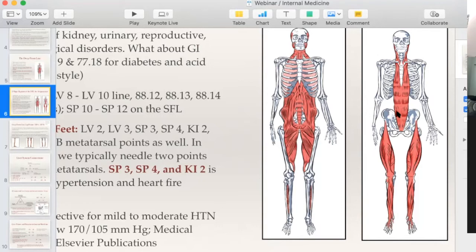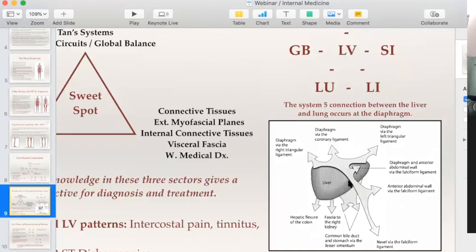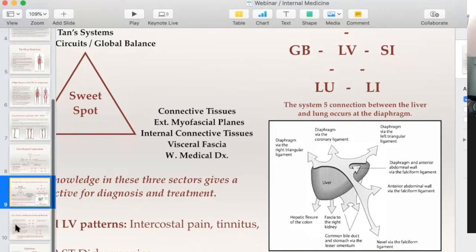So on the superficial front line, let's go back to this liver connection. We've got connective tissues from the liver, highly connected to the liver, associated with the visceral fascia, going and connecting to the abdominal wall via this ligament here.